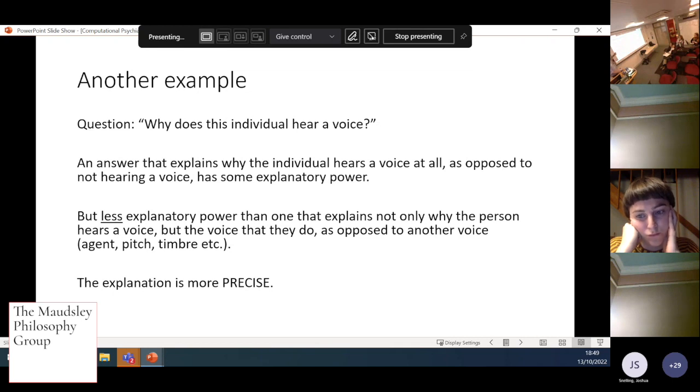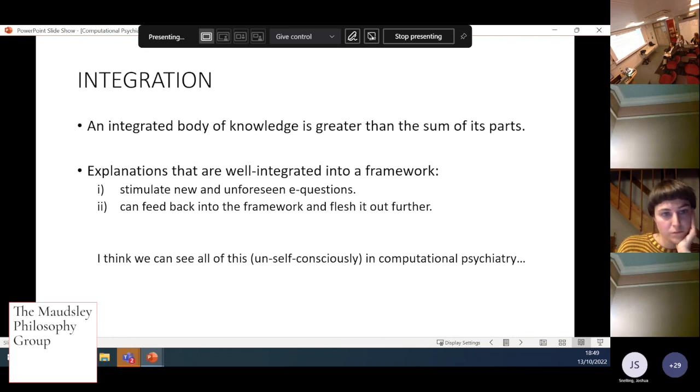But it has less explanatory power, all other things being equal, than one that explains not only why the person hears a voice, but the precise voice that they do, as opposed to another voice. So why does this person hear the voice of an abusive stepfather? That explanation is more precise.